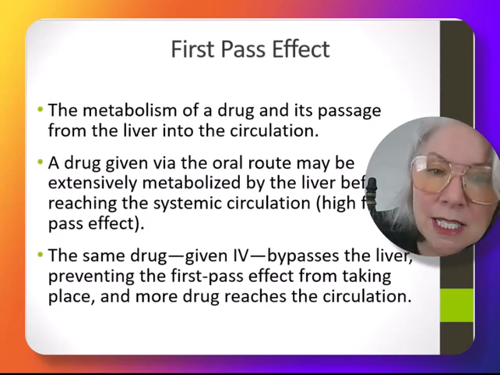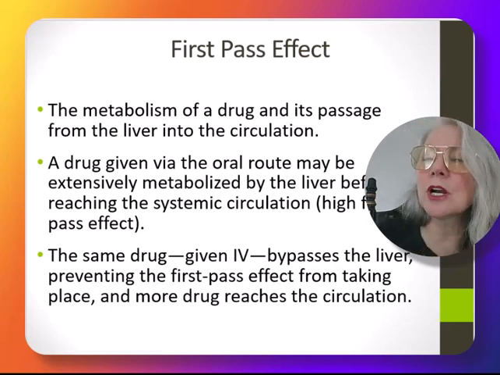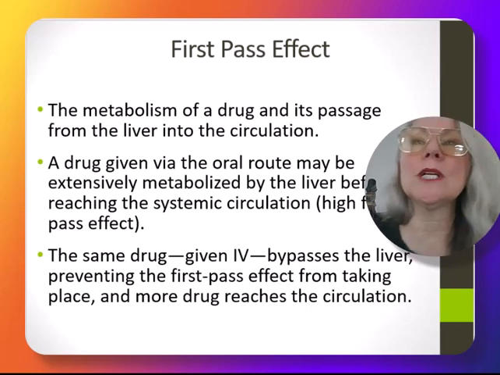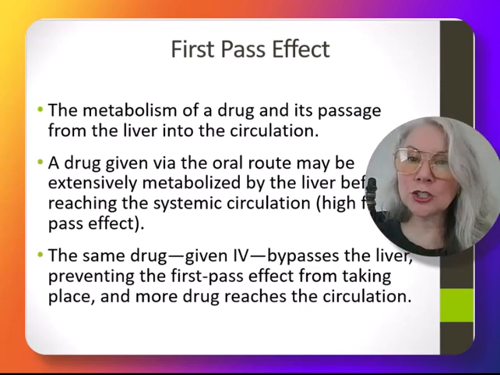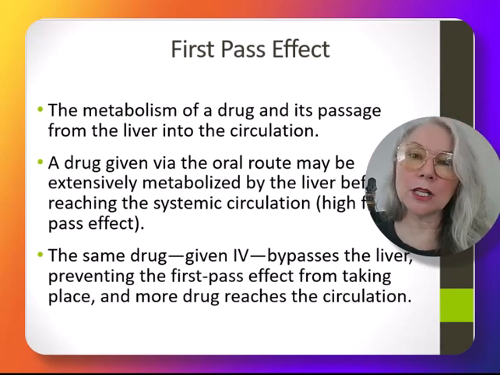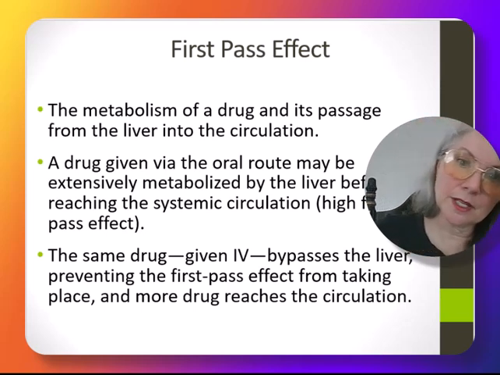So the first pass effect is the metabolism of a drug. So metabolism of a drug means its breakdown. It's broken down into its non-functional units. Metabolism is prepping these molecules to be ready for the body to excrete them or get rid of them.